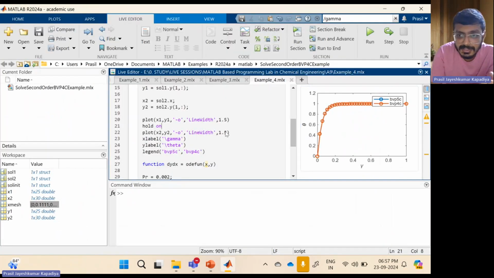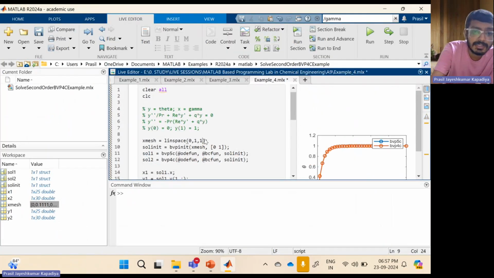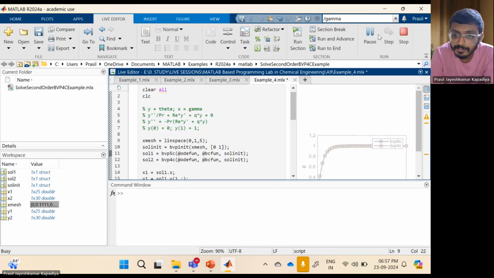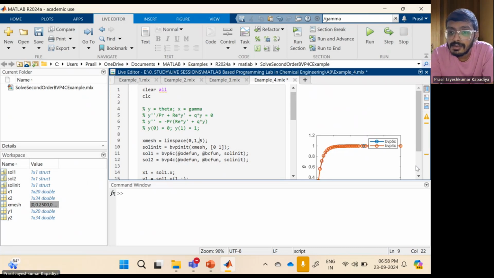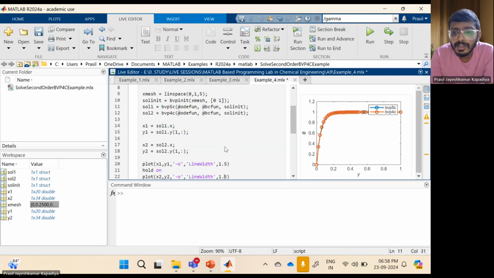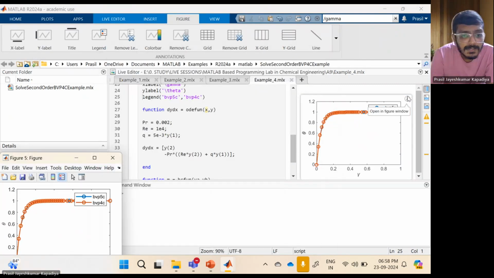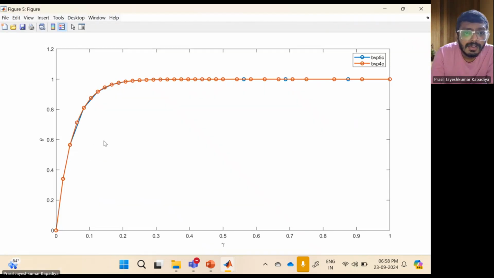So let's do one thing. Let's just take very few points instead of 10. Let's say I'm just taking 5 points. It may or may not give a difference. So see, some points are different. It's 5, right? Why is it showing 50? So see, here there are some changes and here there are some changes.